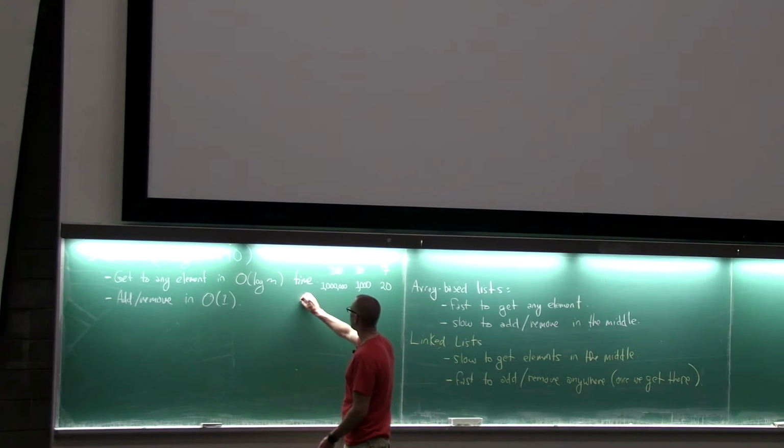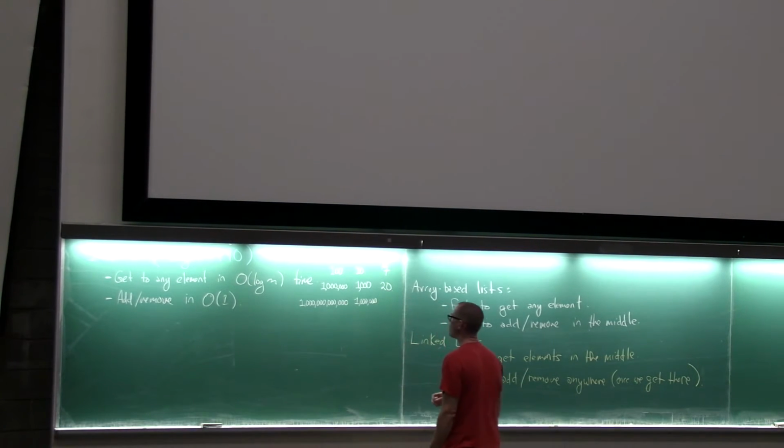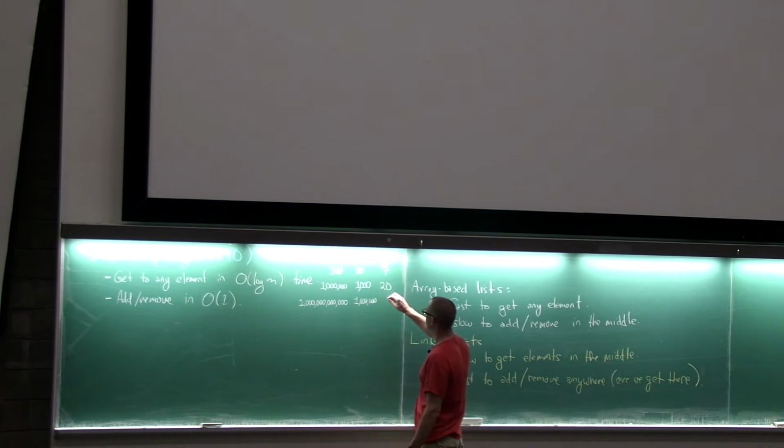And similarly, if n is 1,000 billion, square root of n is about 1 million, and log n is about 40.